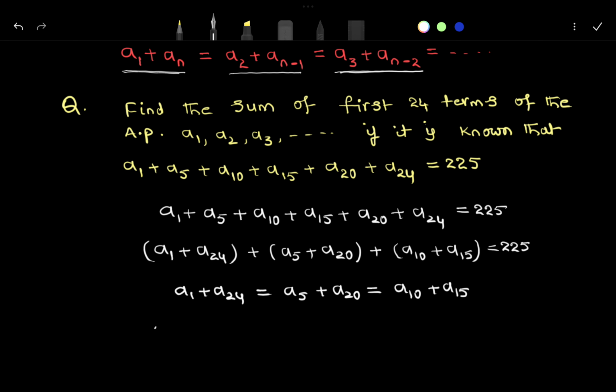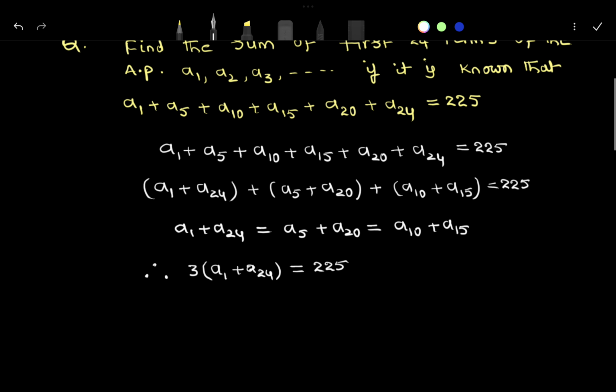Therefore, you get a1 plus a24, the same value, three times in total. So you can write 3 into (a1 plus a24) is equal to 225.